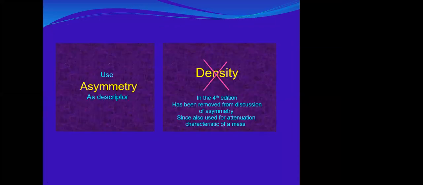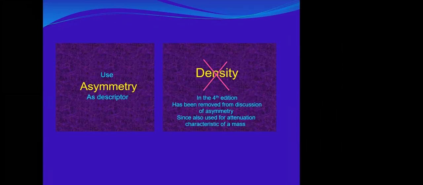Okay, we mentioned that the previous historical terminology in the 3rd edition has been replaced in the 4th edition, and there is no more use of the descriptor density at all since the 4th edition, only the descriptor asymmetry.